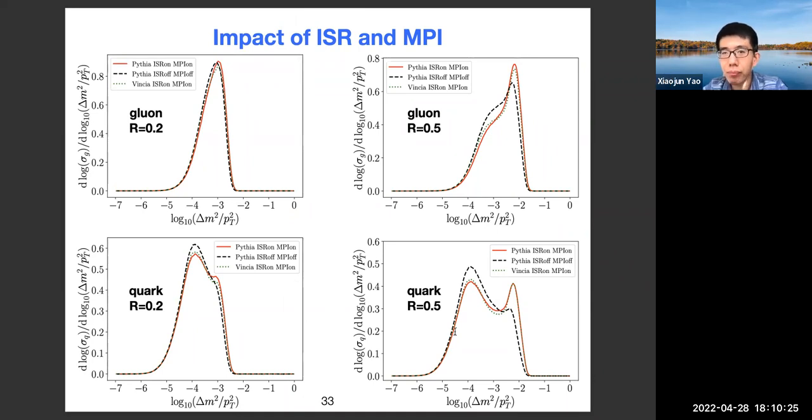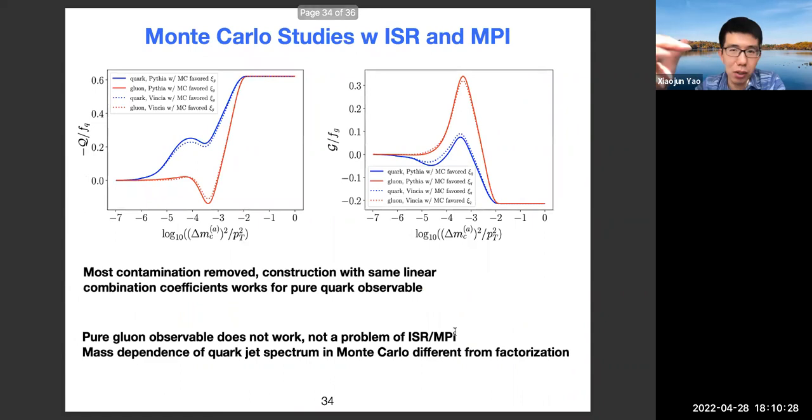Okay. Our final goal is definitely to have the ISR and MPI effects turned on because they exist in real data. We have to get rid of them to make this work. And you see, even if we turn on the ISR and MPI effects, we can still make the pure quark observables work. The soft contamination does not change the behavior here. We still have a large gap between the quark contribution and the gluon contribution.